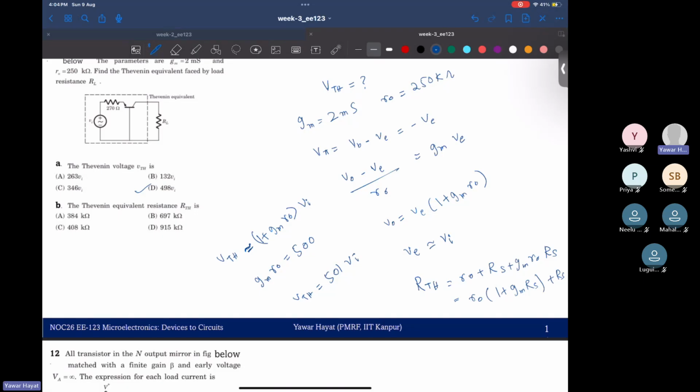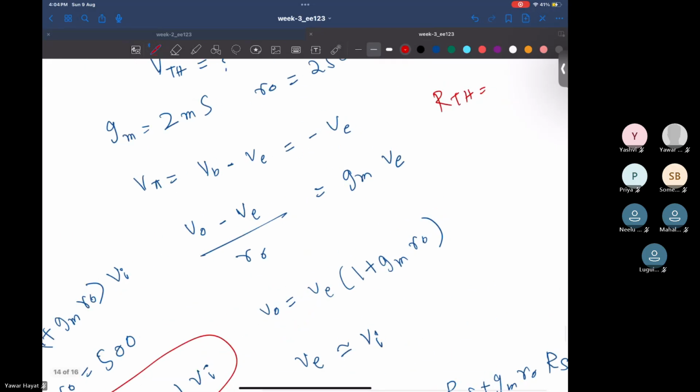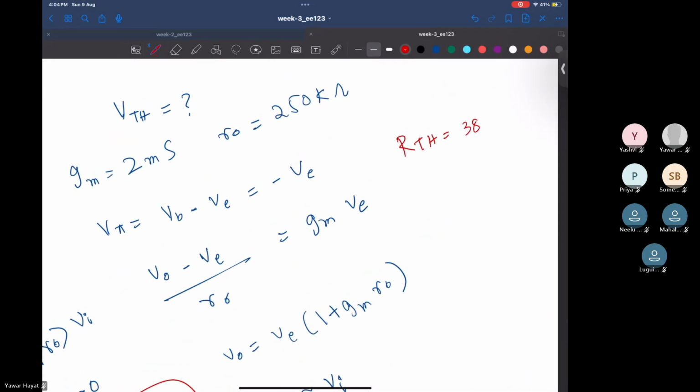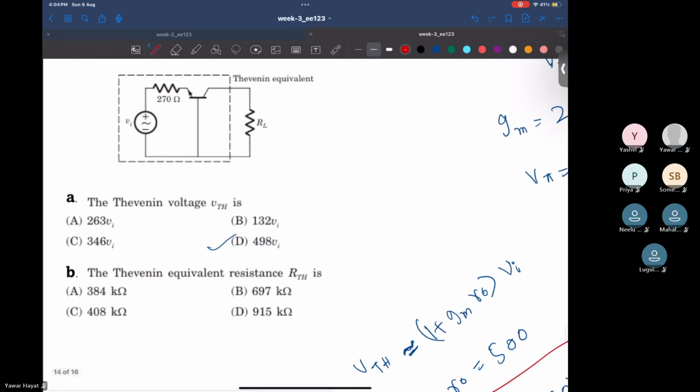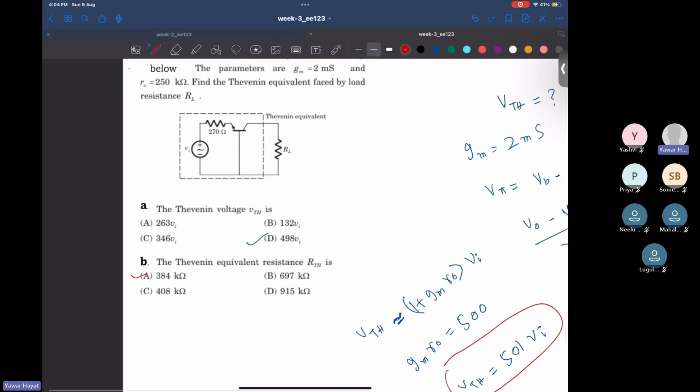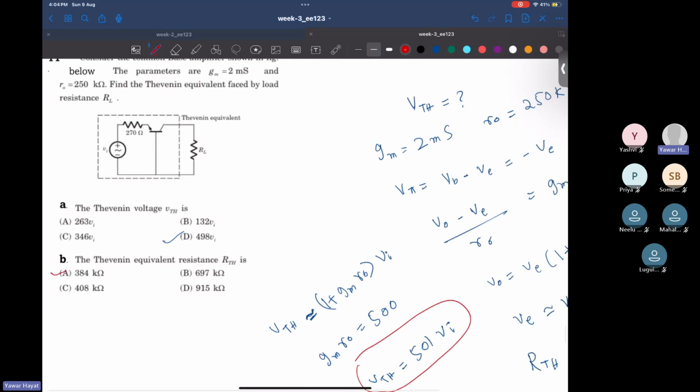So how much would RTH then be? RTH would be 384 kilo, right? So for this one, it is option A, and for part A of the question, it was option B.